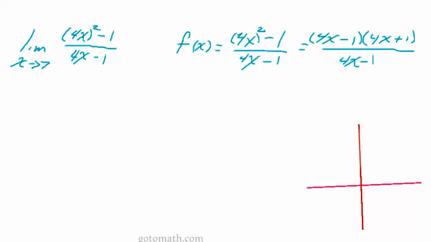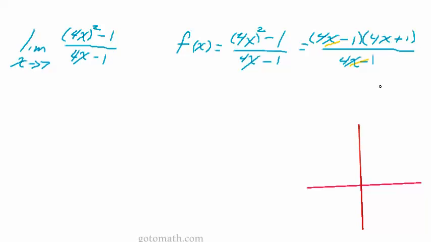As you can see here, we've got a term in the top that's the same as one on the bottom. Those actually cancel out. Now, it may be difficult to know what this graph looks like, but we can look at this and say, well, what's left? 4x plus 1. I have a good idea of what that graph looks like.